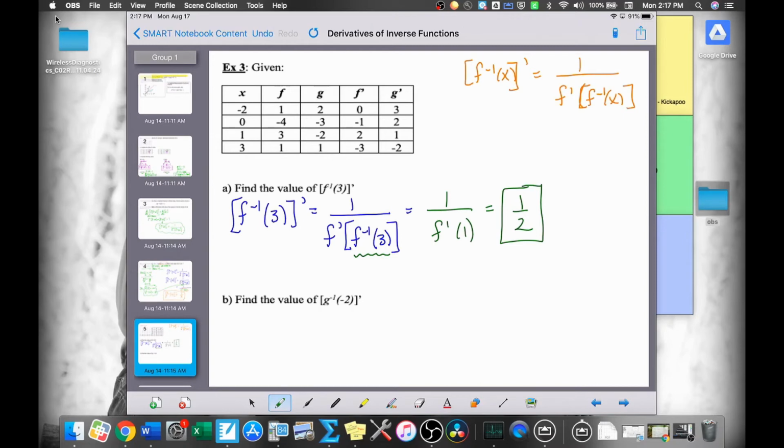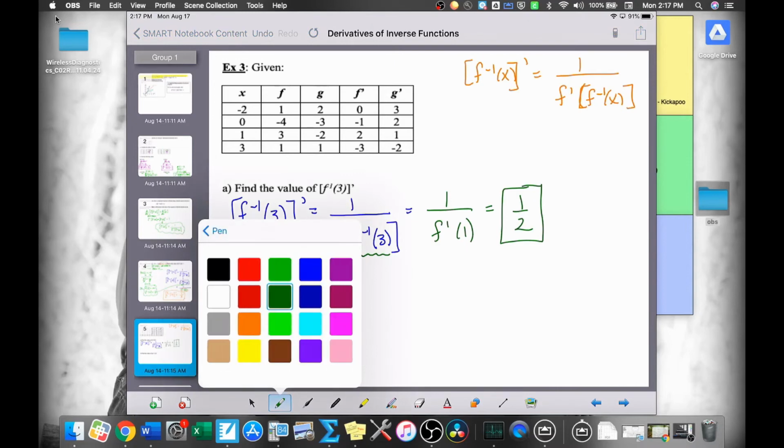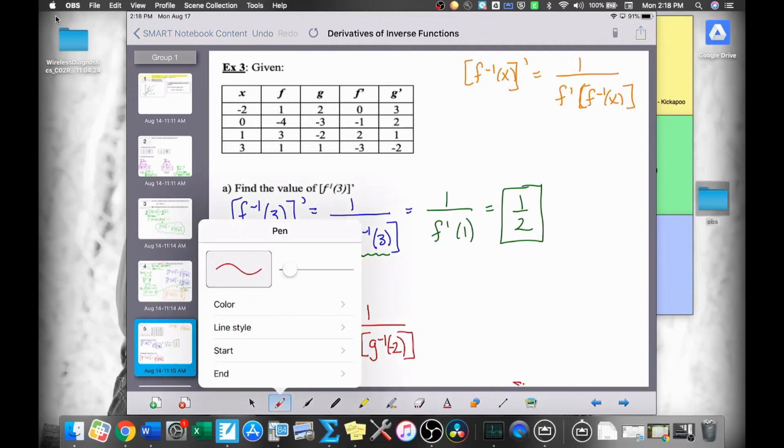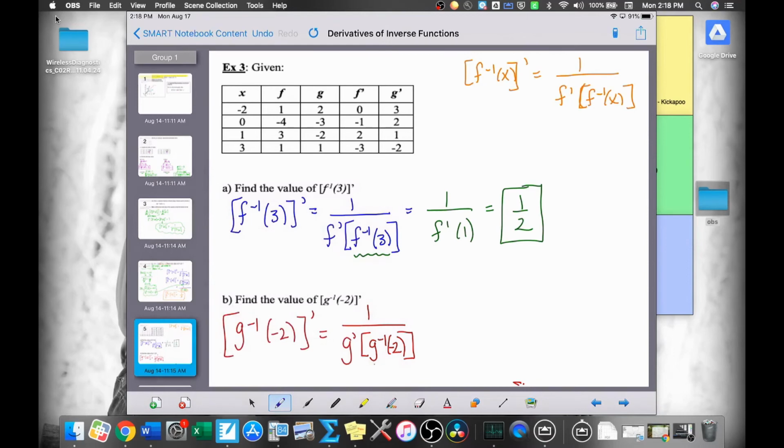Find the value of g inverse of negative 2 prime. Same routine that I just went through. So I'm going to begin here with g inverse of negative 2 prime is equal to 1 over g prime of g inverse of negative 2. And then I'm going to look in my table to get this value right here.